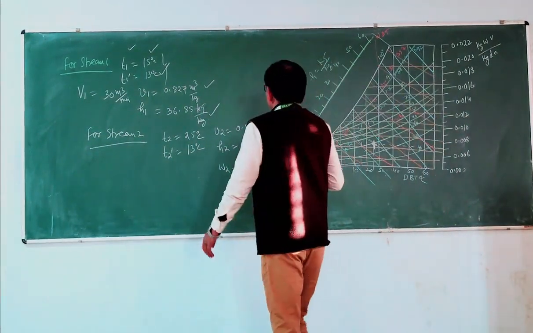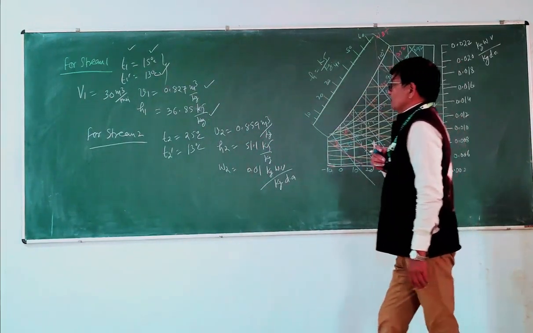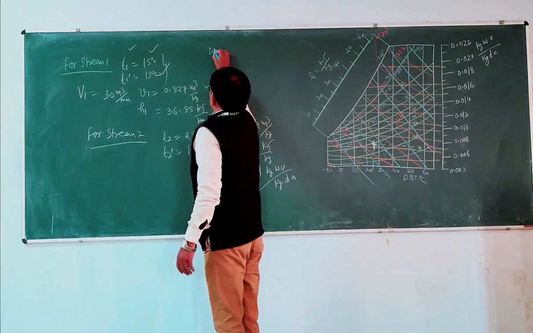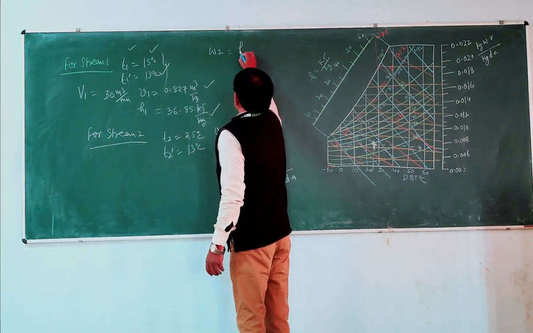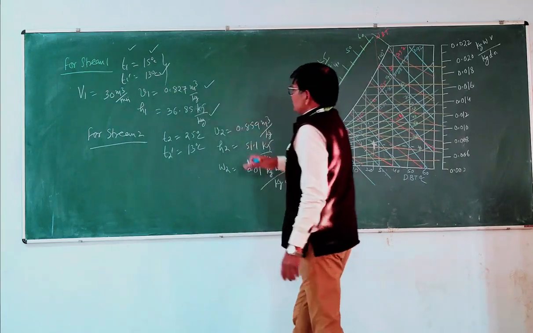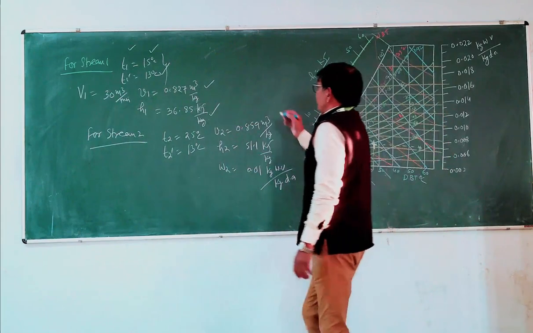First you have to find out omega 2 and H2. Let us see, first we find out Ma1 and Ma2, because we require Ma1 and Ma2.